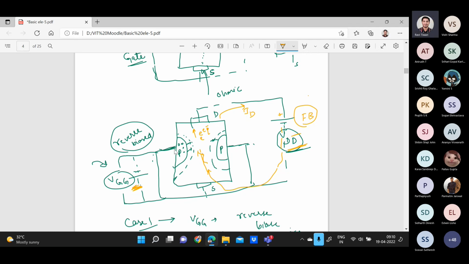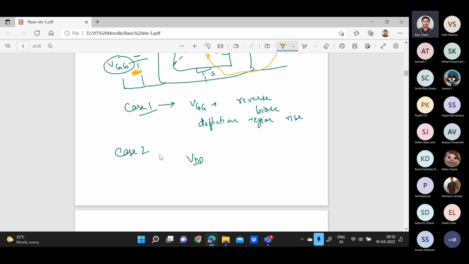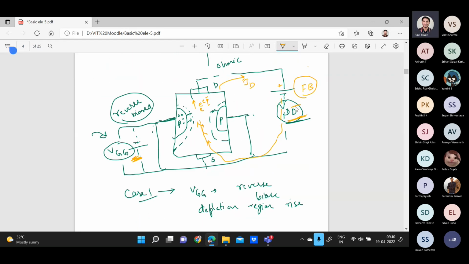Okay. And for example, now in the third case, I am saying you are applying both the terminals. That means you are applying the VGG as a reverse bias, and you are applying VDD in a forward bias. So what will happen? See, as you apply the forward bias first, the electrons start moving like this, okay?